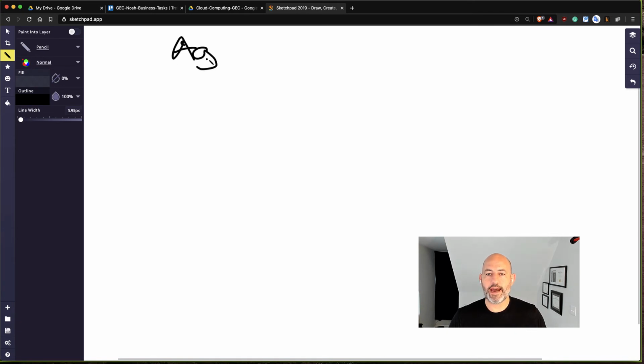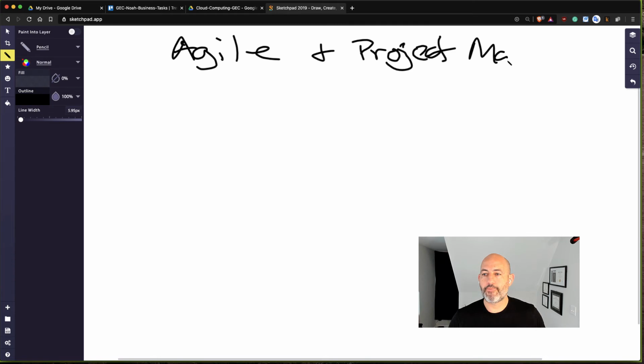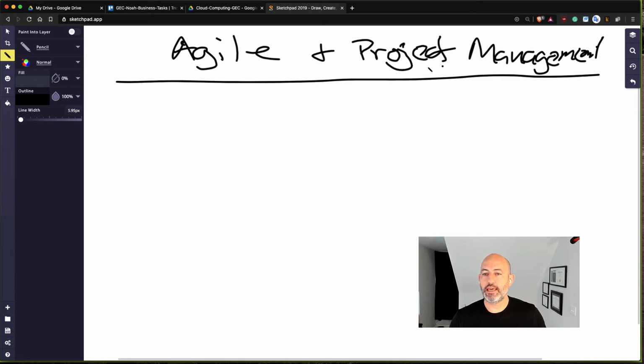And if we talk about Agile and project management, one of the things that Agile in theory is supposed to do is have something called a sprint.